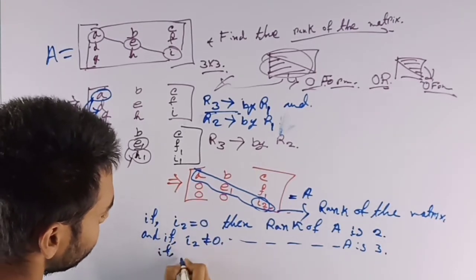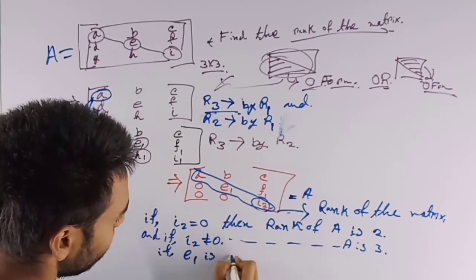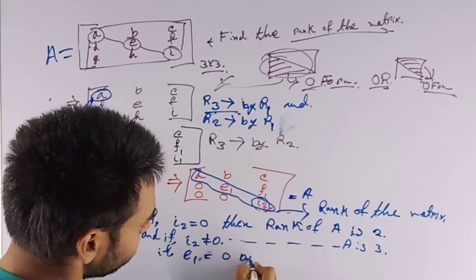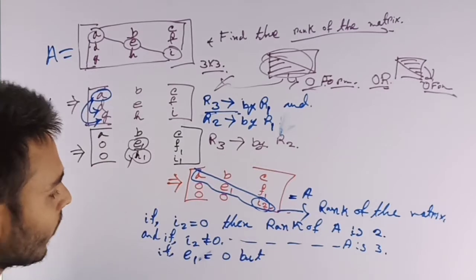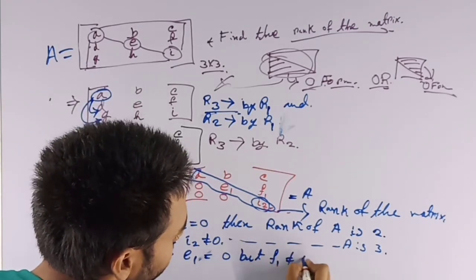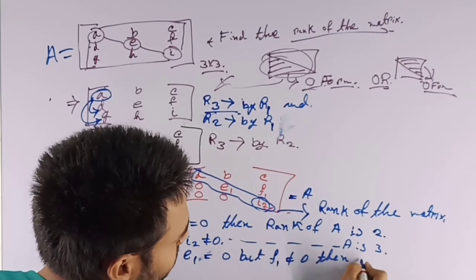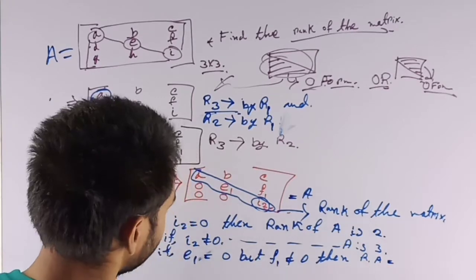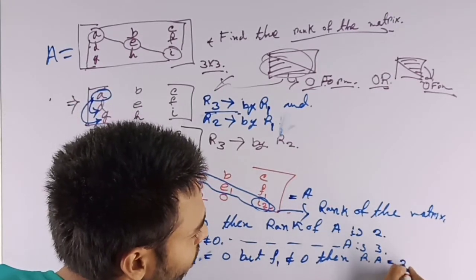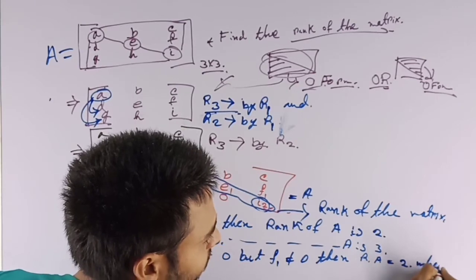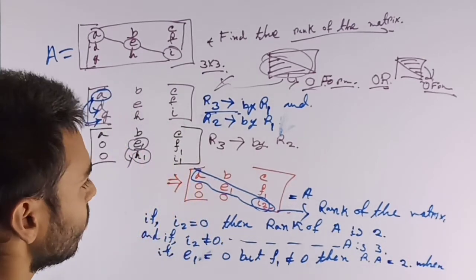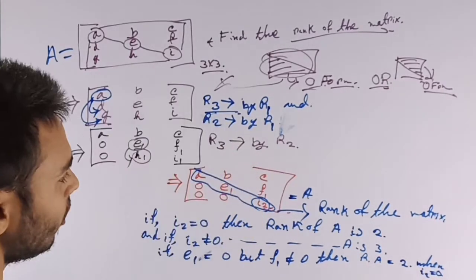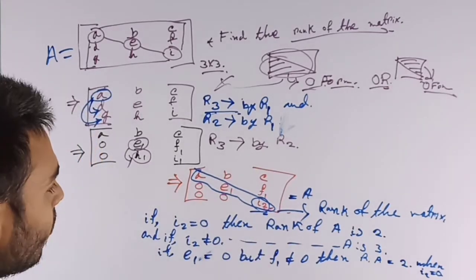Also, if e1 equals 0 but f1 is not equal to 0, then the rank of the matrix is also 2. And when i2 equals 0, then it is also 0.